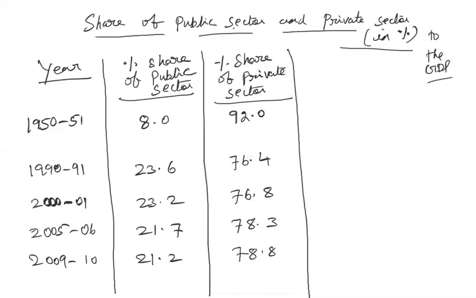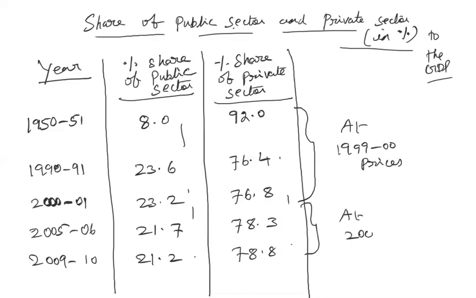So you can see how the share of public sector increased and then again started decreasing. Alternatively, the share of private sector decreased and again started increasing. Up to here, this is based on 1999-2000 constant prices, and this is based on 2004-2005 prices.